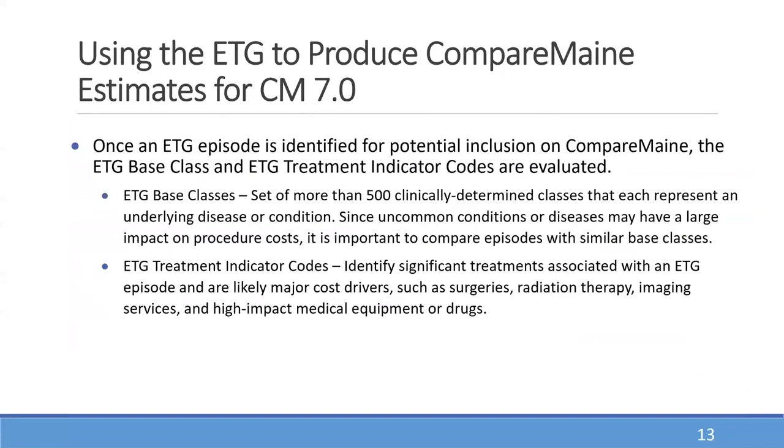And this really brings us back to the point of the cost estimates for CompareMaine: so you can look across facilities, and we only want to be selecting cases for the surgical procedures that would be comparable across the facility. And so the base classes and the treatment indicator codes help us with the selection of those episodes.